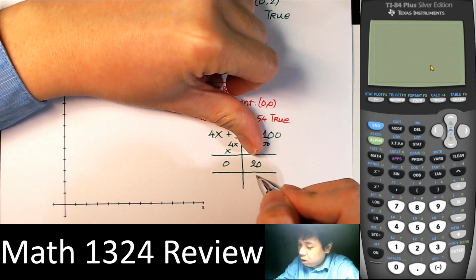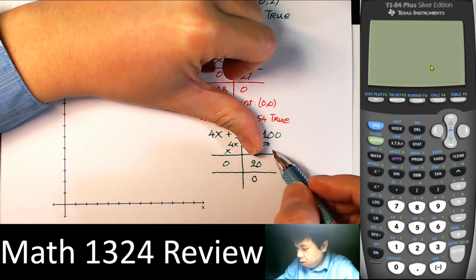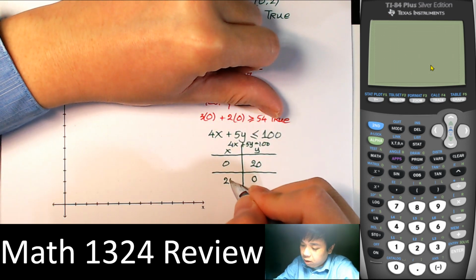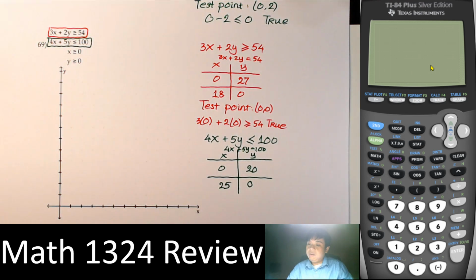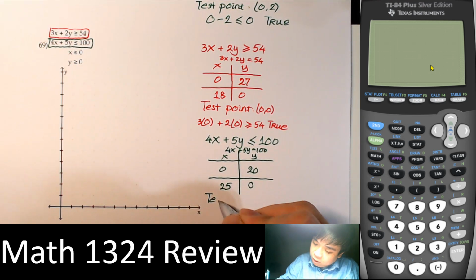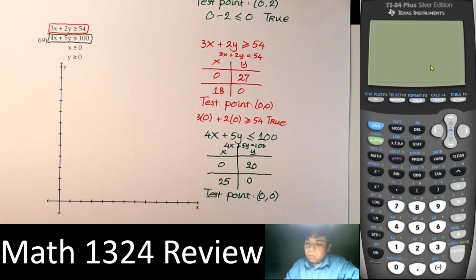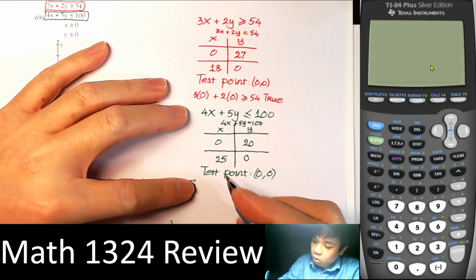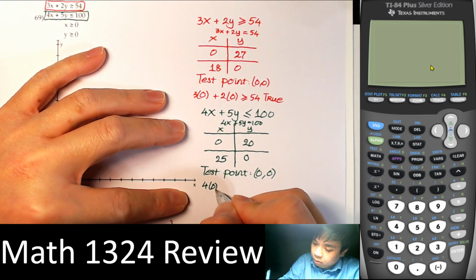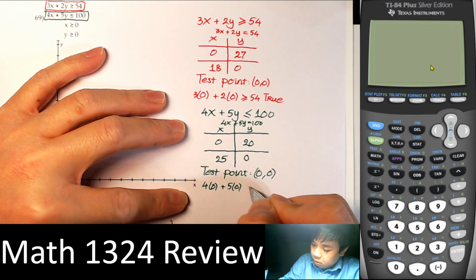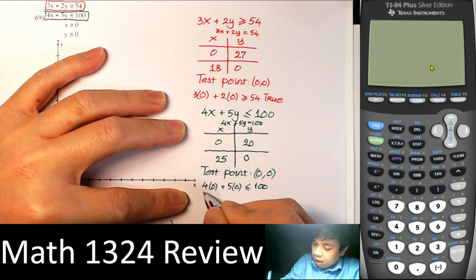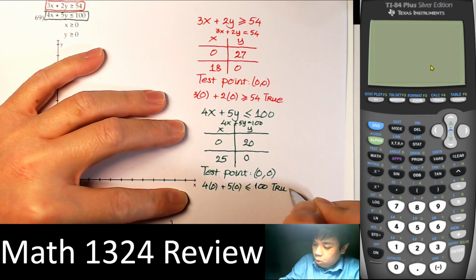When y equals 0, x equals 100, that's 25. I should have that. Now we still do the test point, (0, 0). Put 0 and 0 into the equation, and 0 less than 100, that's also true.